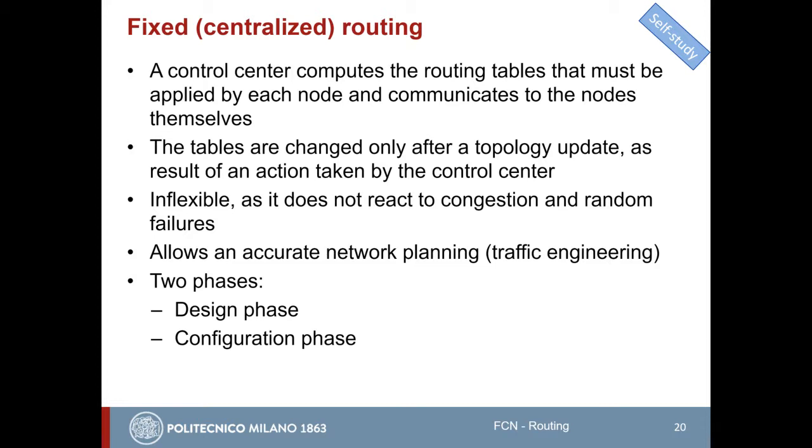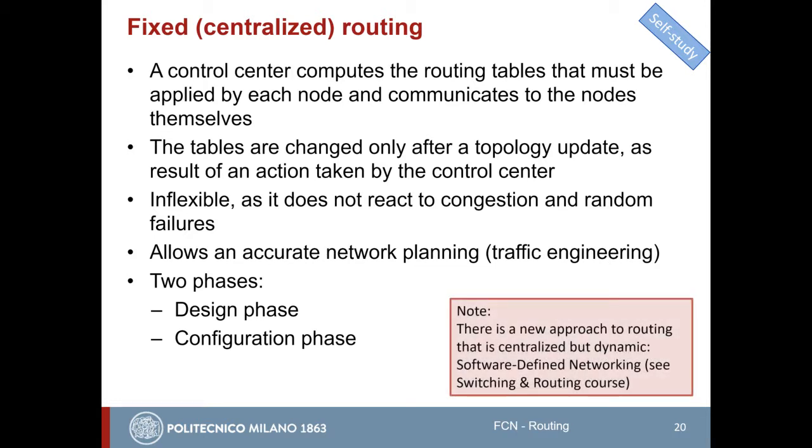The centralized case is possible, and in the IP network, it corresponds to the fact that the routing tables of the IP routers are filled in manually by a network administrator, maybe also remotely, but in any case manually.